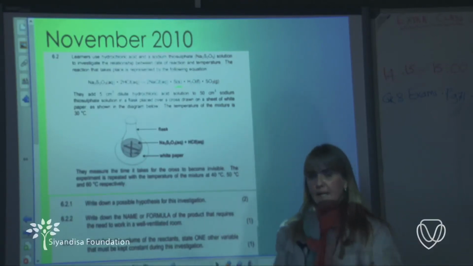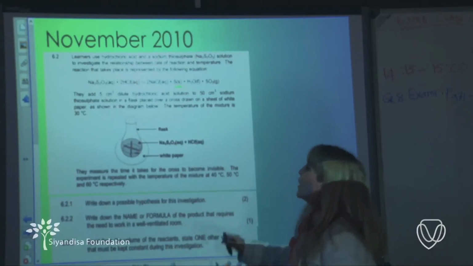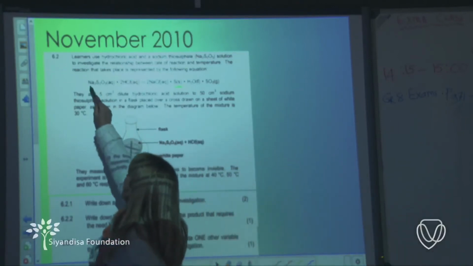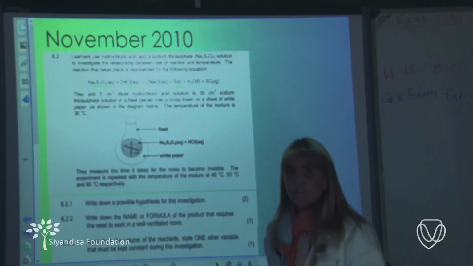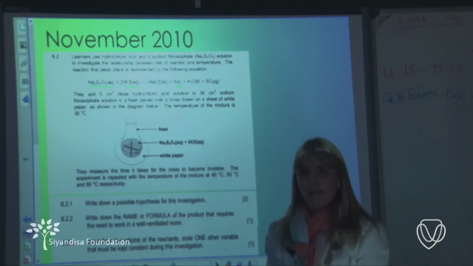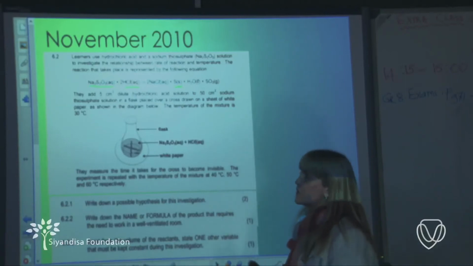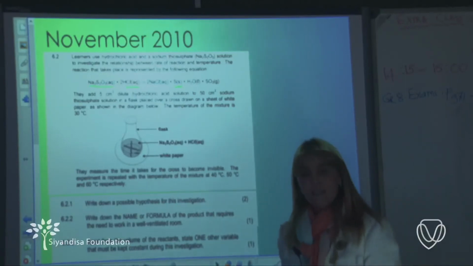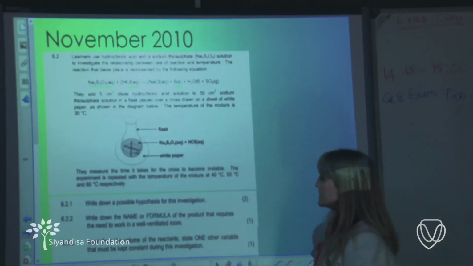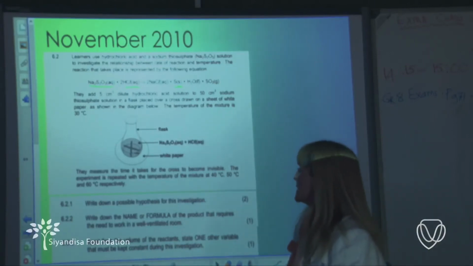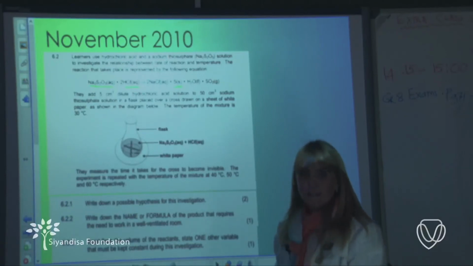So what is going to be kept constant here? They are not going to change the concentration of the reactants. But what are they going to change? The temperature of the reactants. So in other words, these learners were trying to determine the effect of temperature on the rate of a chemical reaction.